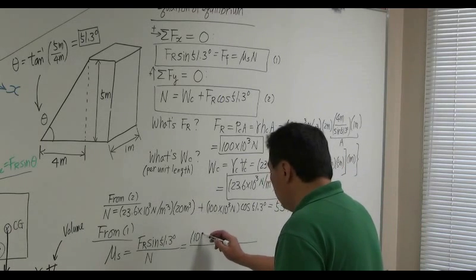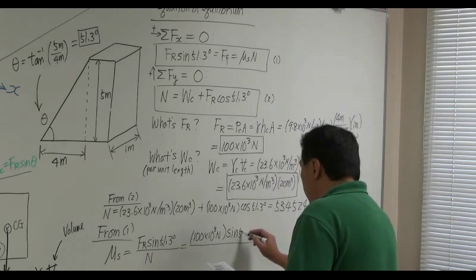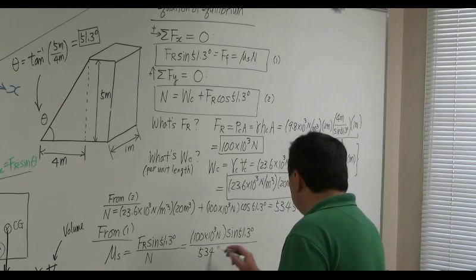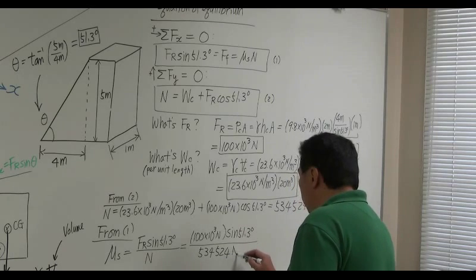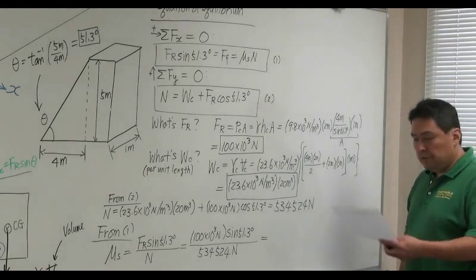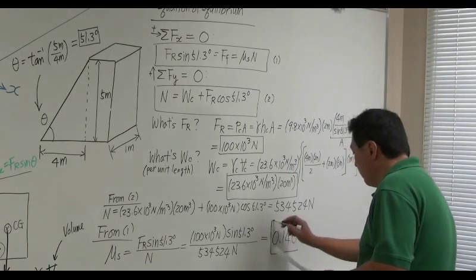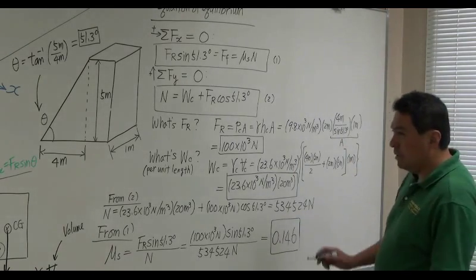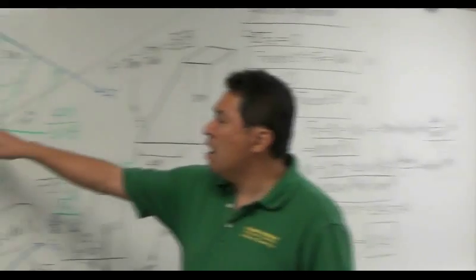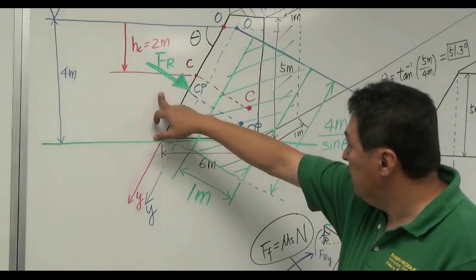This is going to be 100 times 10 to the 3 Newton times sine 51.3 degrees divided by N. We got 534,524 Newton. Huge value. This is going to determine static friction coefficient you need. 0.146. Okay, so this is the static friction coefficient required to keep this concrete not sliding against developed hydrostatic resultant force.